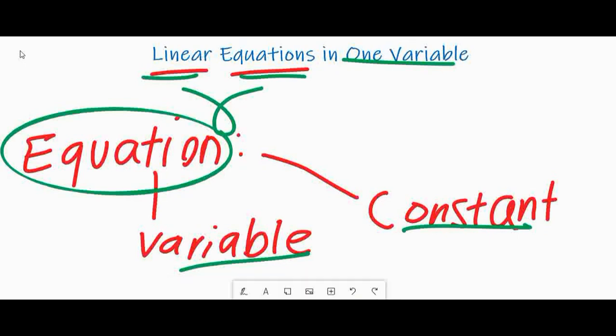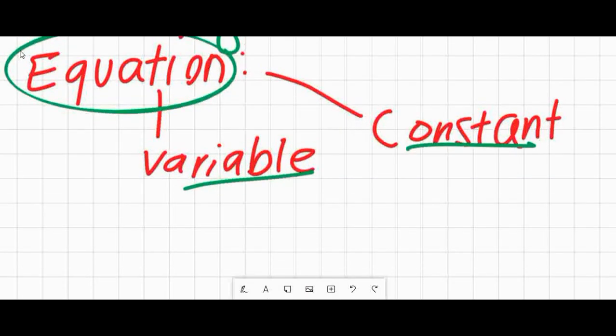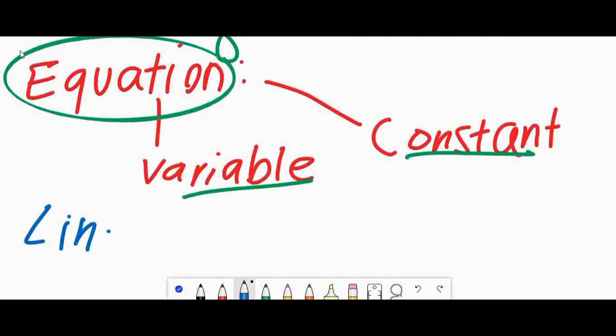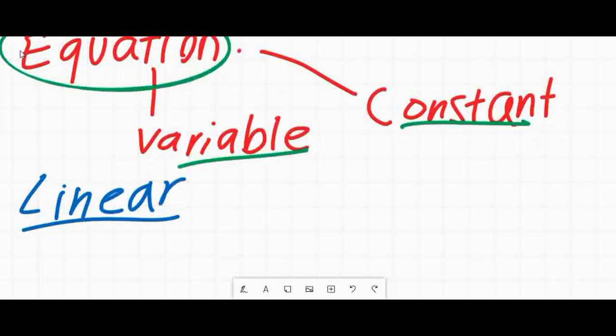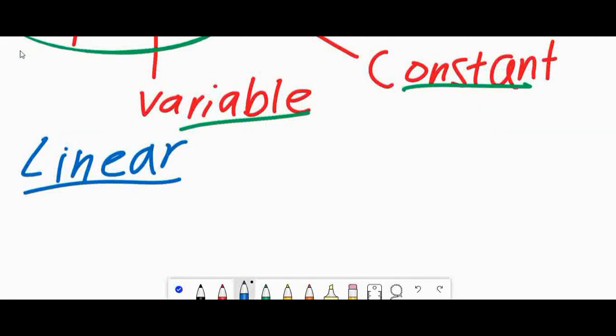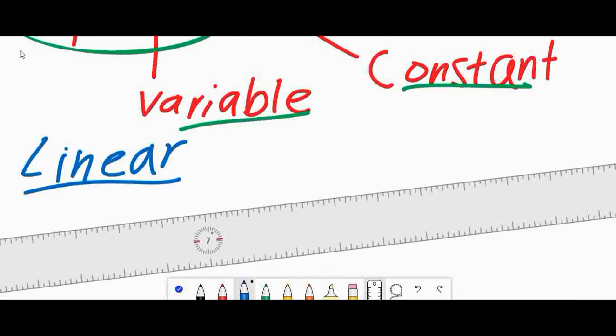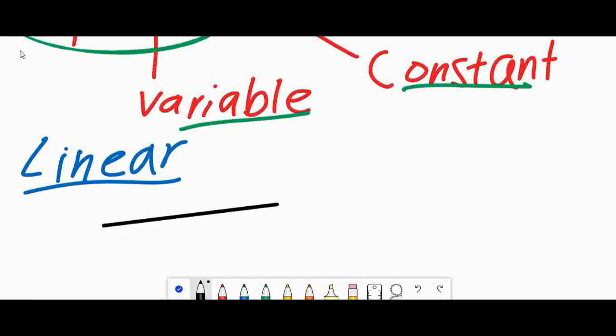Now that we understand what equation means, now let's learn about the word linear. Linear just means anything with a straight line. So if I were to draw this random straight line, this right here is said to be a linear figure.